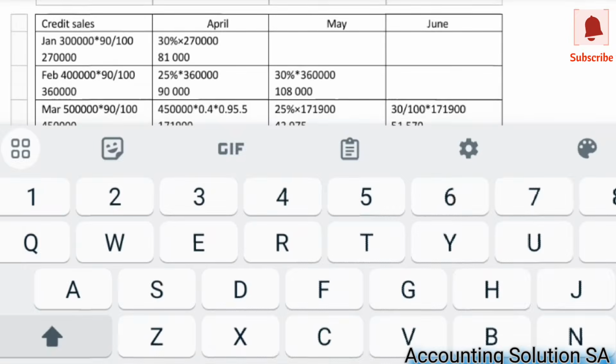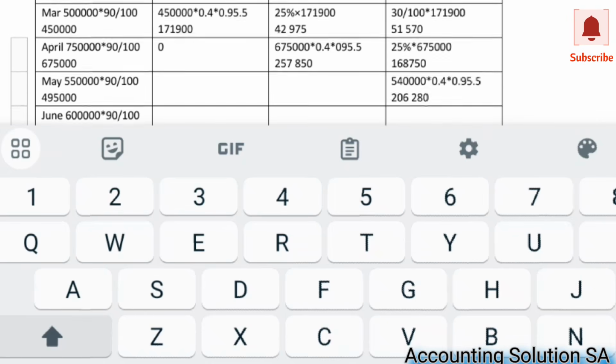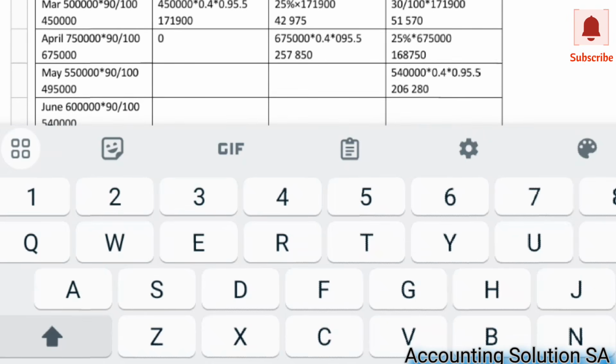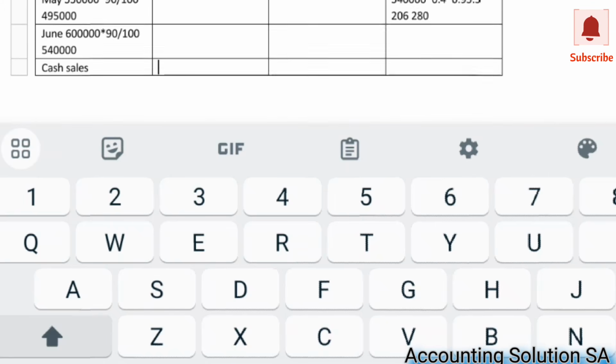Okay, now we have to open a column of cash sales received. Then for April, remember we have total sales of 750, of which we are going to calculate 10%. 10% of 750 is going to be 75,000.